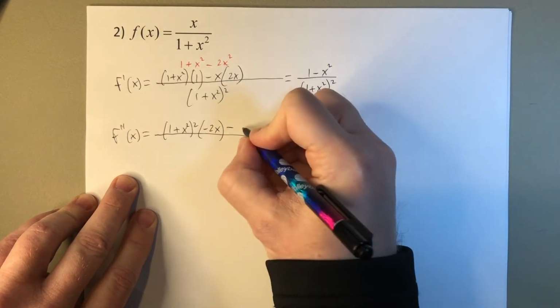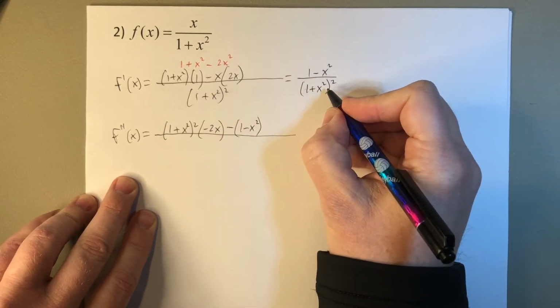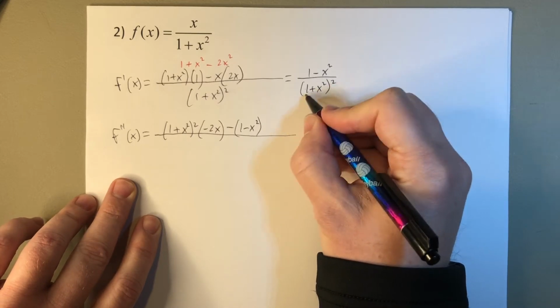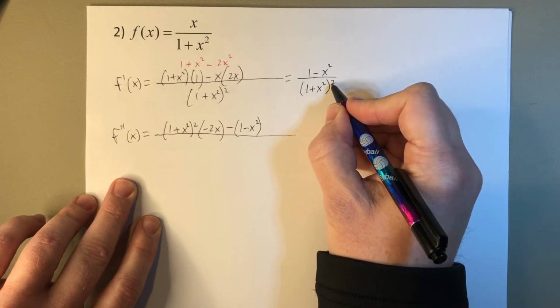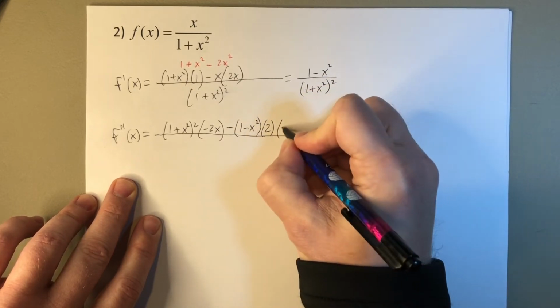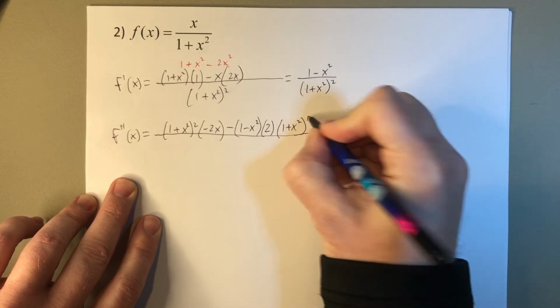minus high. There's high. And then d low. Be careful. D low here requires the use of the chain rule. Isn't this fun? Differentiating the bottom here would yield 2 times the quantity 1 plus x squared to the power of 1.